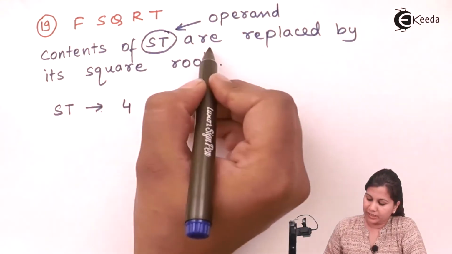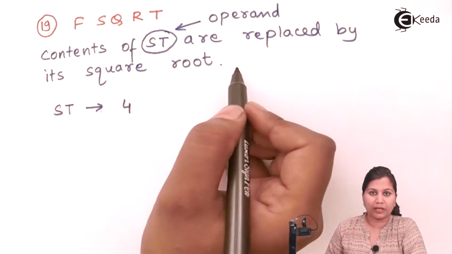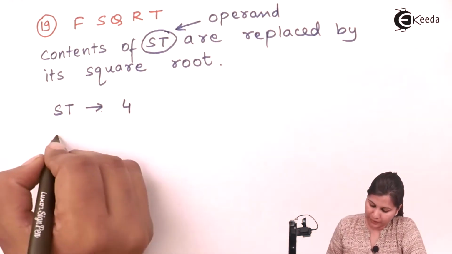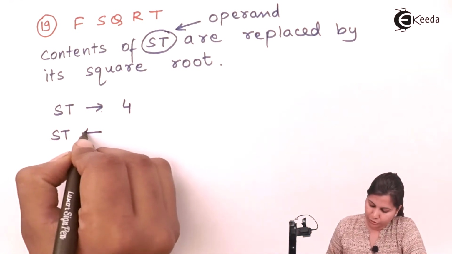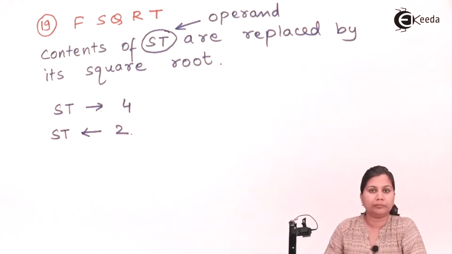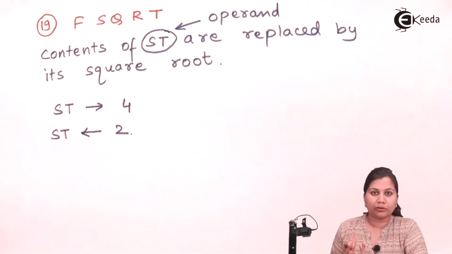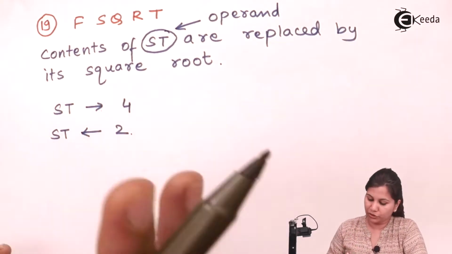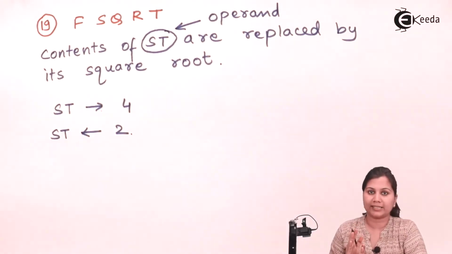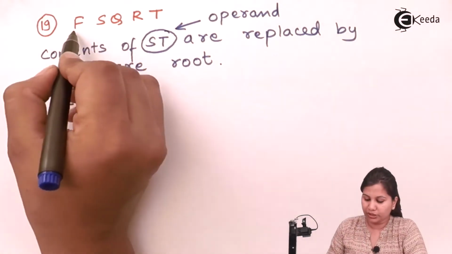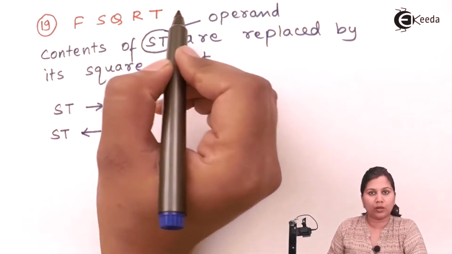The contents of ST are now replaced by its square root. So the new contents of ST will be 2. So whatever number whose square root is to be found, that number is first stored in the top of the stack, that is ST, and then we will use the instruction FSQRT.